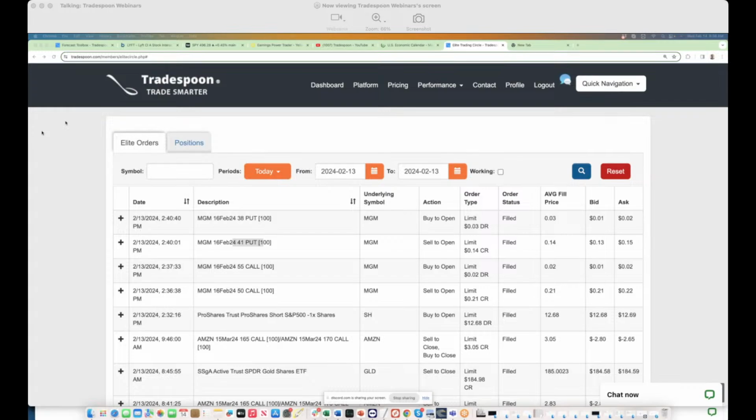So Lyft continues to grind higher. Upstart down, Robinhood up 14%, and Zscaler is at the 60 level.